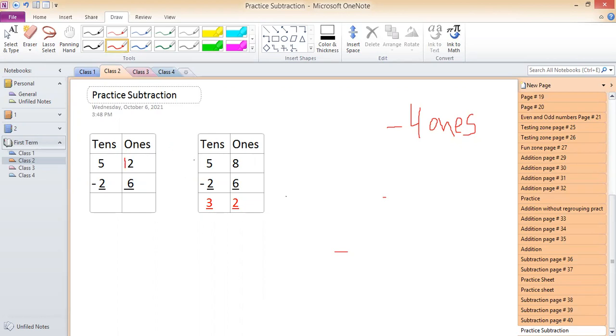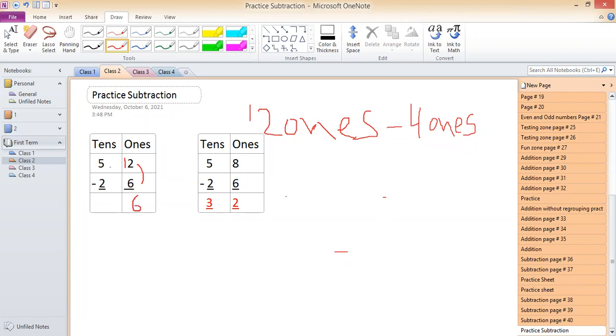Can you subtract 6 from 2? No, you cannot subtract 6 from 2. That's why he go to 5. Okay, now it is 12. 12 minus 6 equals to what? 6. That's very good. So you write 6 here.